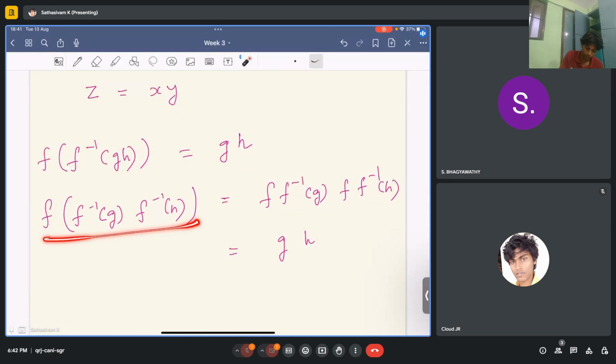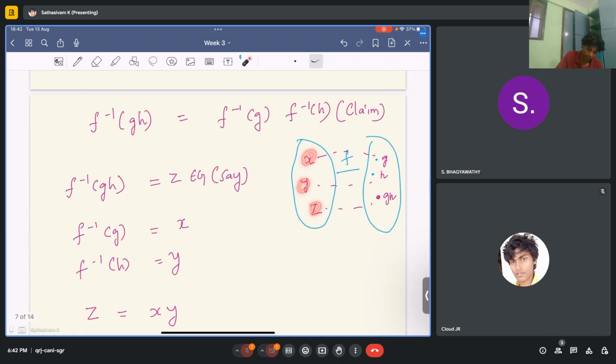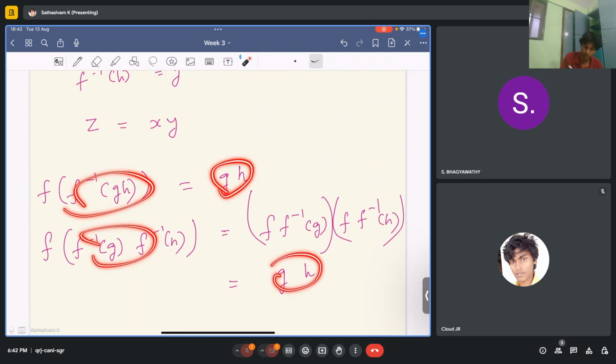The second one also splits, because F is an isomorphism, and the inverses cancel out, so what remains is GH. So there are two elements here: one is this element and another is this element, and both of them map to the same GH.